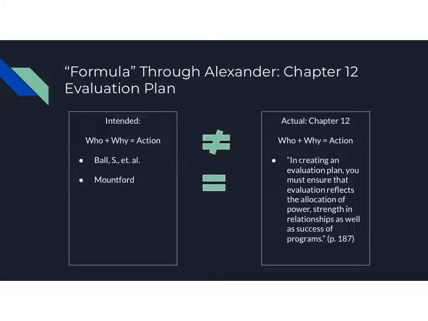And so I really liked this quote on page 187 that talked about, in creating an evaluation plan, you must ensure that evaluation reflects the allocation of power, strength, in relationships, as well as success of the programs.